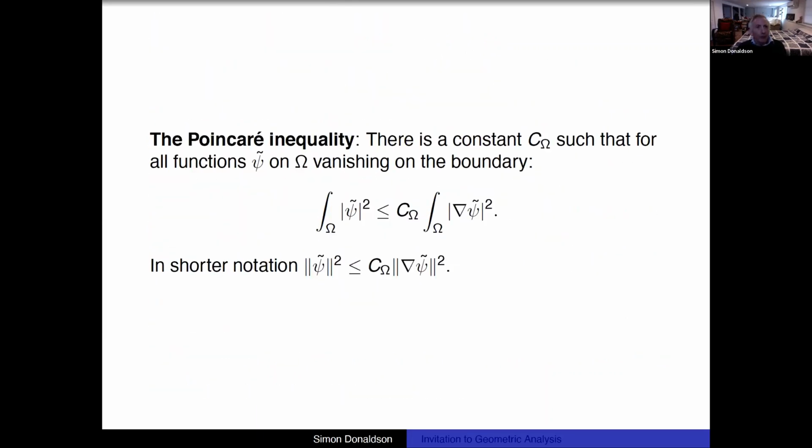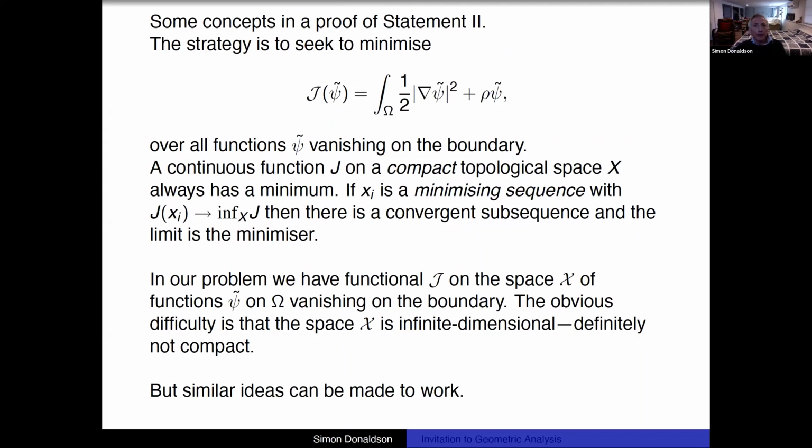So we've talked about the motivation for solving these boundary value problems and some physics background. How do we actually prove the existence of a solution to a PDE question of this kind? We're not going to be able to give a complete proof, of course, but we can indicate some of the things that go into such a proof. So the strategy we're going to indicate is again to minimize a functional.